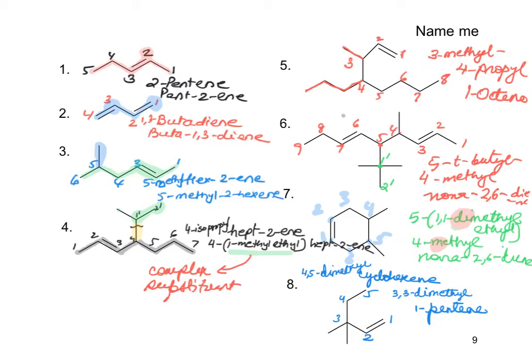If you're just starting out and you are feeling a little bit iffy on whether my name is correct or not, a good strategy would be to try to write down the structure of the name that you just came up with and compare your structure to the structure that was given. And if they're the same, you probably are right, 99%.